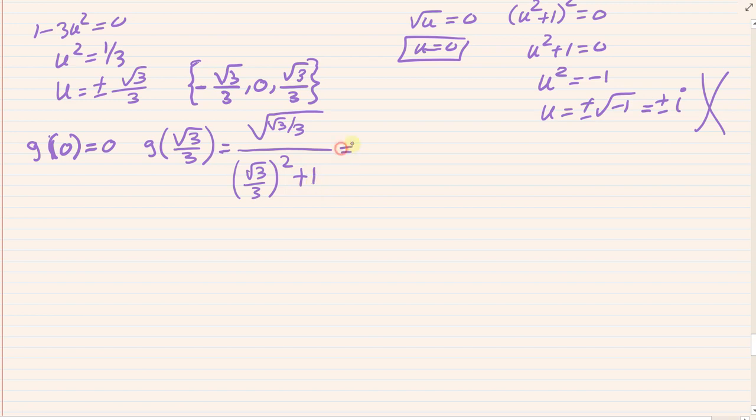And for this one, let's work this one. So that's going to give me square root of 3 root 3, right, divided by 4. That's what I'll get.